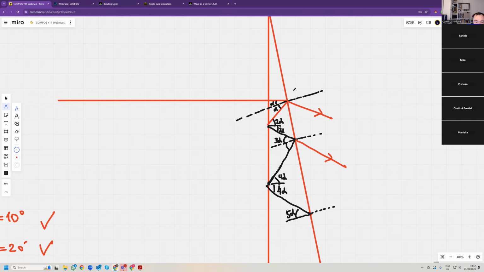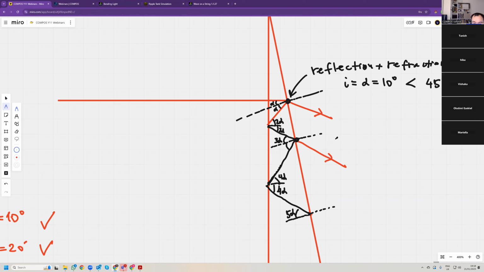So here, at this point, you have reflection plus refraction, because the angle of incidence is alpha, which is 10 degrees, which is less than the critical angle, less than 45.